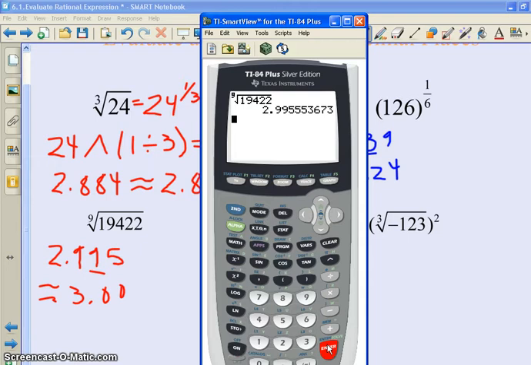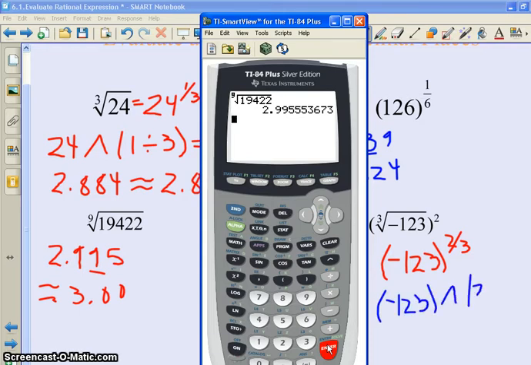Let's look at our fourth example. I would suggest to do this using exponential form. So what I'm going to do is write negative 123 all to the 2/3 power. Now, I can go ahead on my calculator and type in parentheses, negative 123, all to the 2 divided by 3.